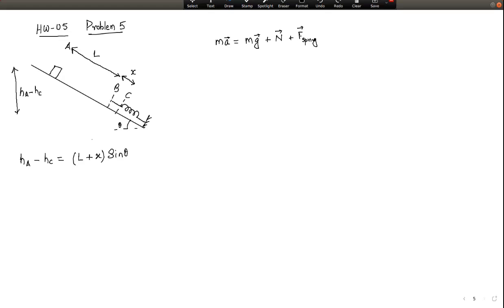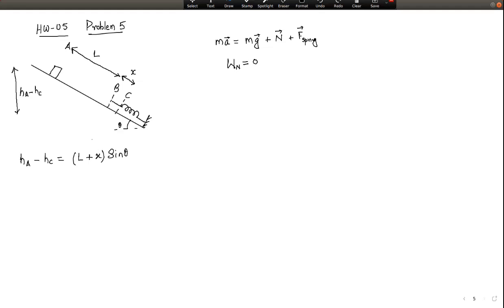We immediately argue that the work done by the normal force, very similar to what happened in the earlier problems, is equal to 0, which leaves us with two forces, the force due to gravity and the force due to spring, which are both independent of the path along which the mass moves. The work done by these forces is completely determined by the initial and final points.